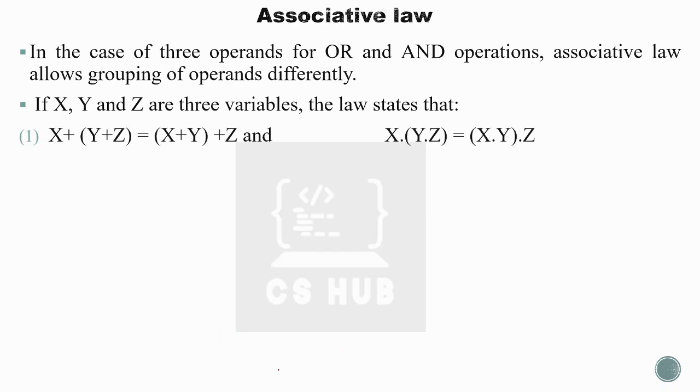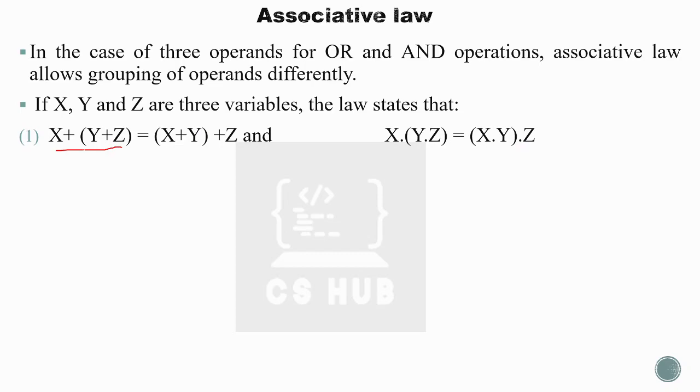This law states that x plus (y plus z) is equal to (x plus y) plus z. X into (y into z), I mean x and (y and z), equals (x and y) and z.